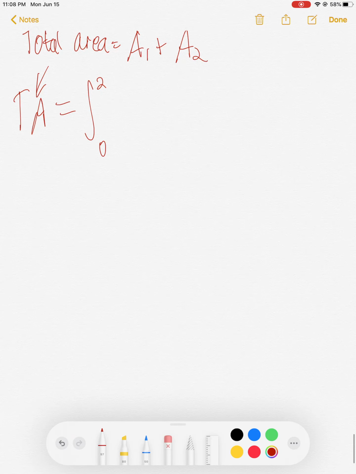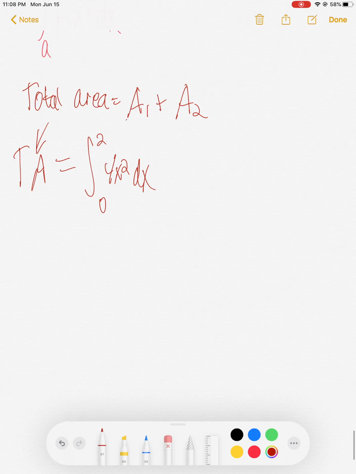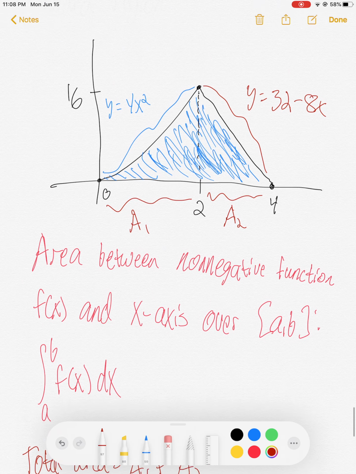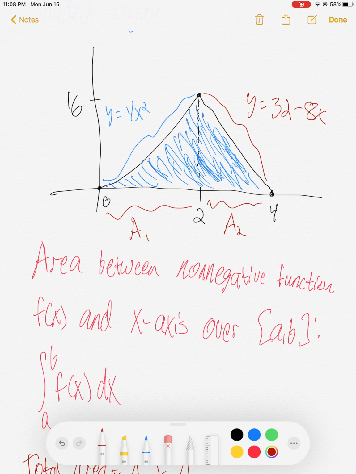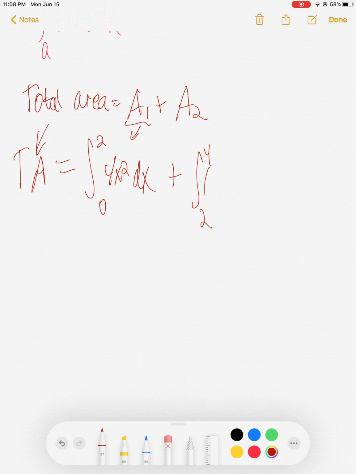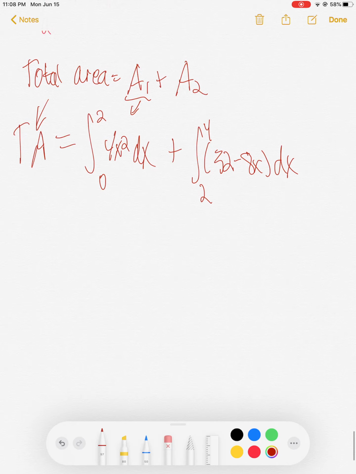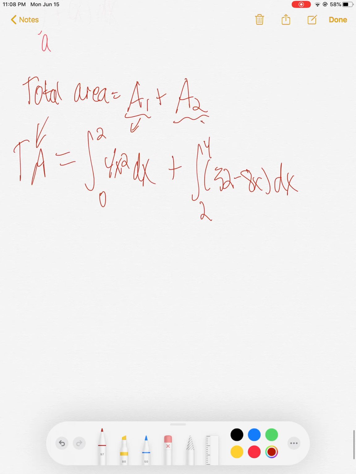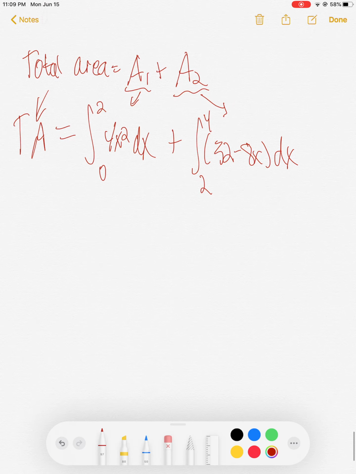Well, area 1, it looks like we're going to want to integrate 4x squared, because that is our function, from x equals 0 to x equals 2. So this is the integral from 0 to 2 of 4x squared dx.